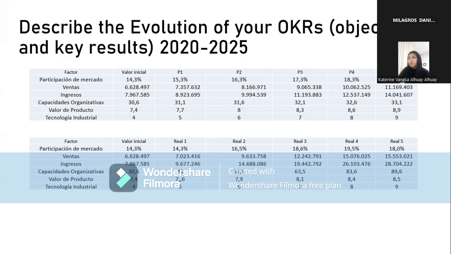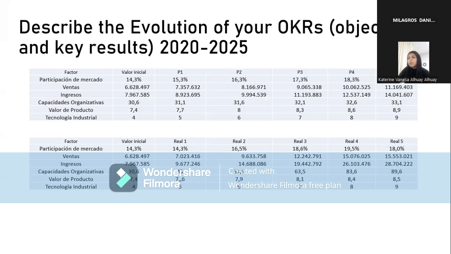Okay, we can see other items here. For example, in incomes, we can see 7,967,585, and a variation here in P1, 2, and 3. And in P5, we can see 40,041,607.